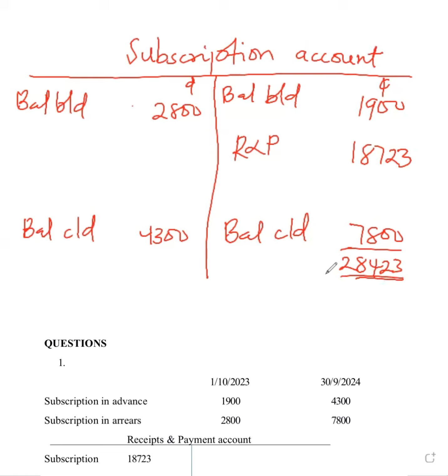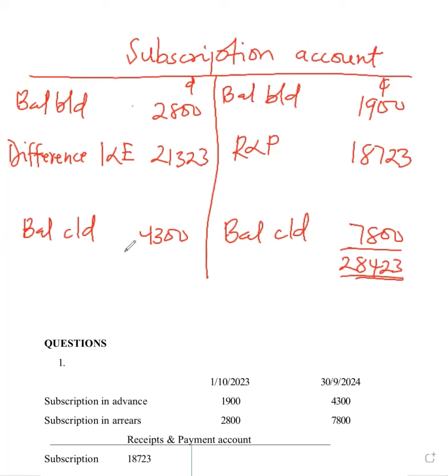And then it means that the difference will come here. The difference that will come here is what will go to the income and expenditure account. When we find the difference, it is 21,323.